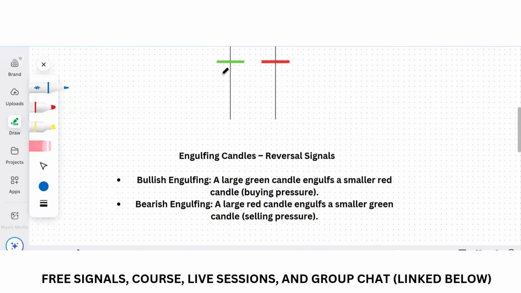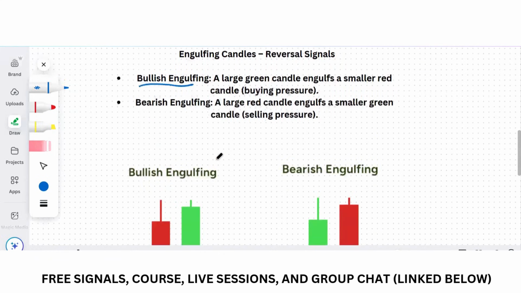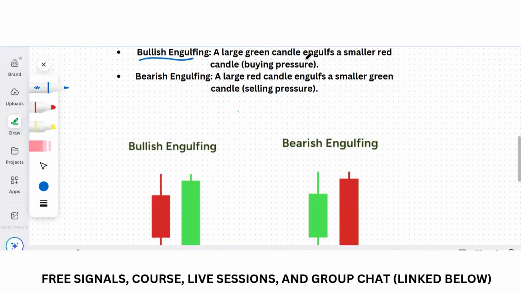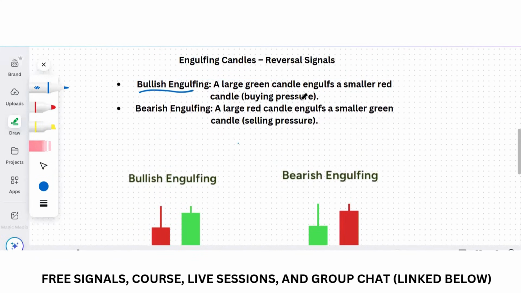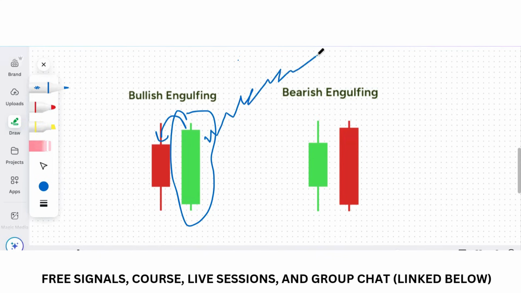Now, the next candle we want to understand are engulfing candles. This is for reversal signals. So bullish engulfing, bullish means buy, okay? It is a large green candle that engulfs a smaller red candle. This indicates a lot of buying pressure. So if you see a green candle engulfing a red candle, this means that the market could most likely begin to trend upwards.